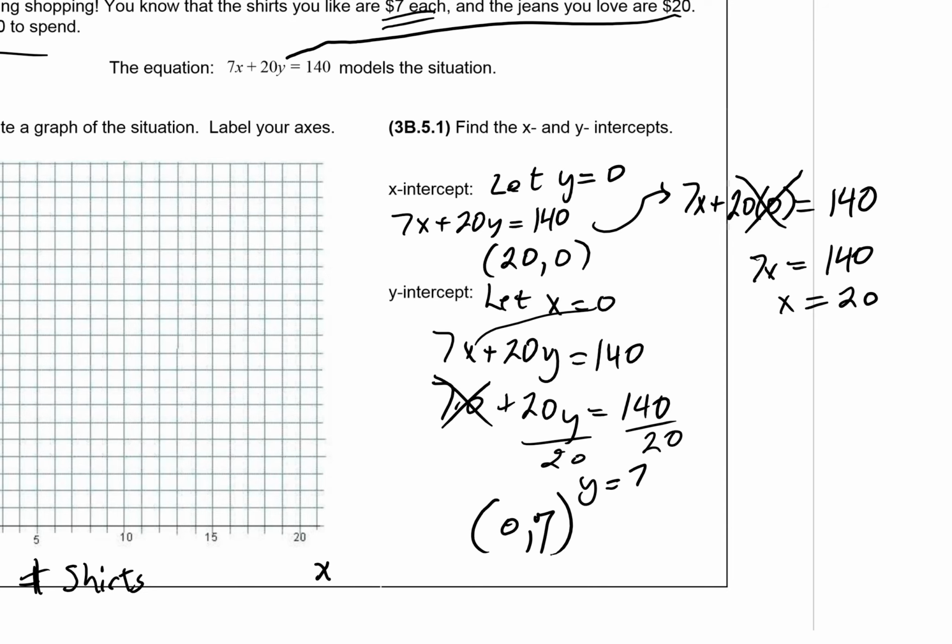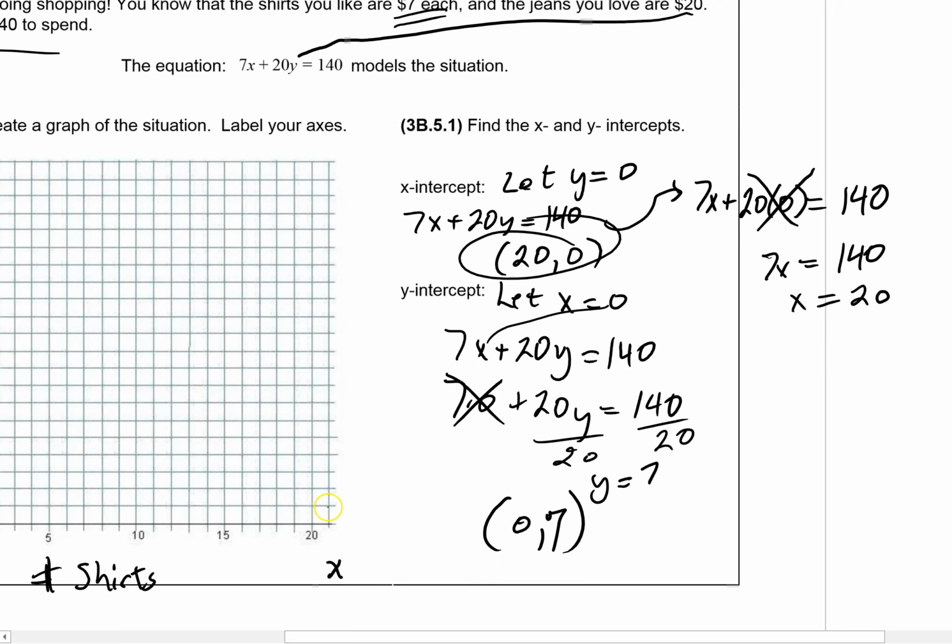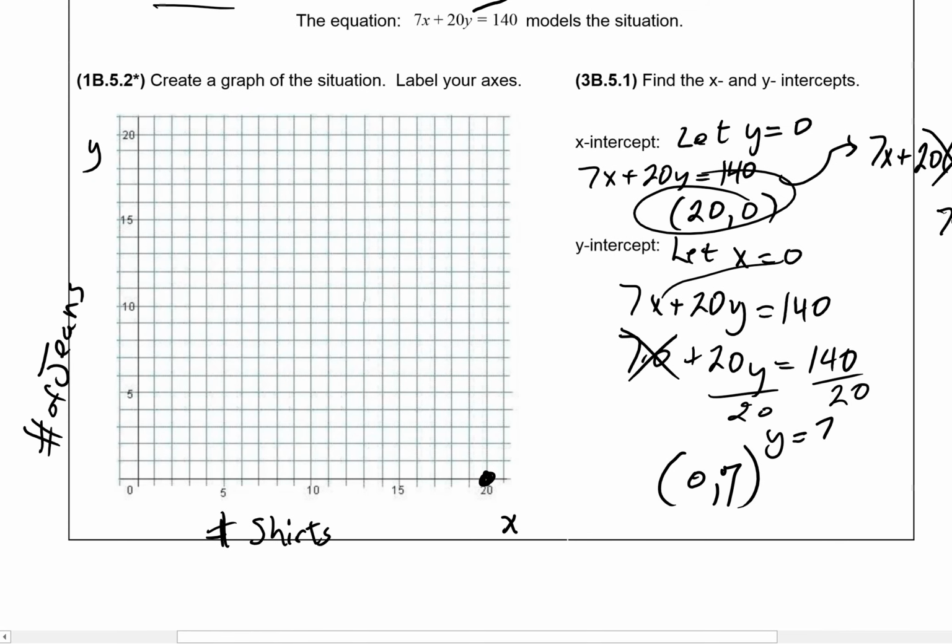So let's put this together. (20, 0), well, that's right here. And (0, 7) is right here. So all you have to do is connect that point to that point. And here is where we wouldn't continue to draw an arrow.